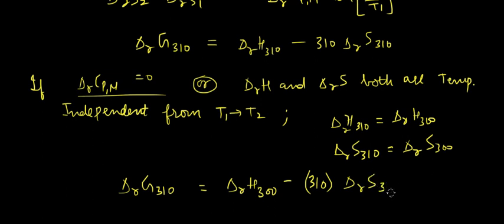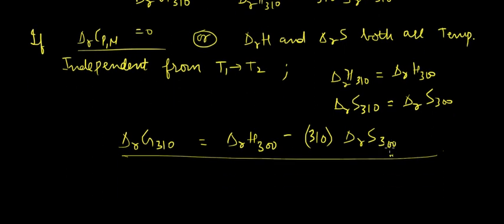Ideally it should be delta R S310, but as delta R S310 is equal to delta R S300, we are directly putting the value of delta R S300. Okay, now let's see what happens in case of chemical reactions or phase transformations.